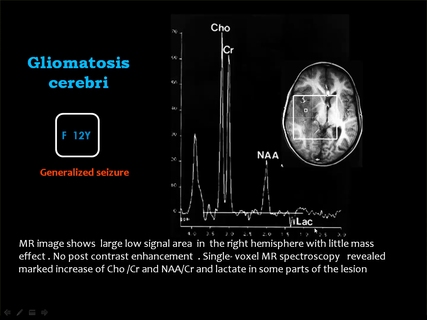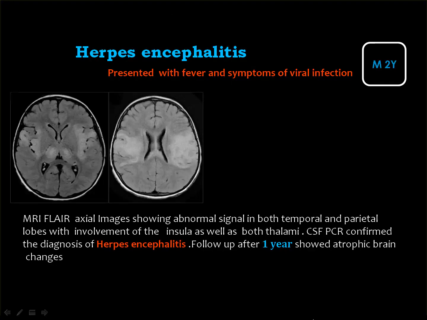Glioma will show significant rise in the choline and significant depression in the N-acetyl aspartate. Then sometimes, besides the diffusion restriction of the herpes, you may need MR spectroscopy to confirm the diagnosis.